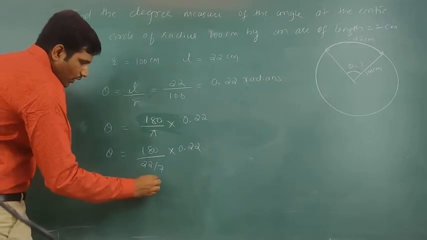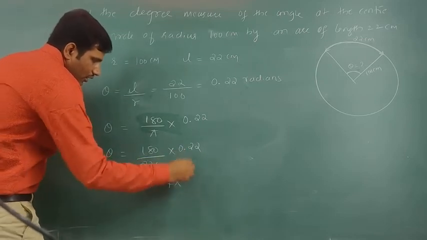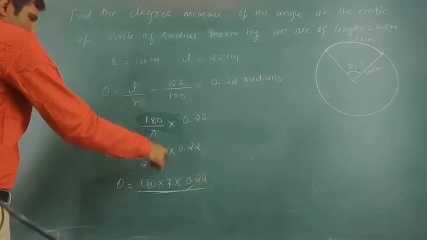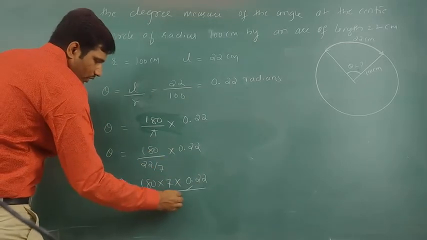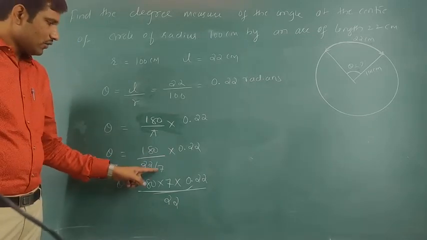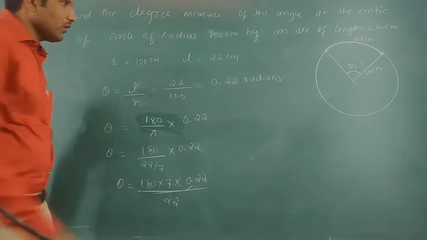Theta is equal to 180 into 7 into 0.22 divided by 22. Tell me the answer in the calculator.